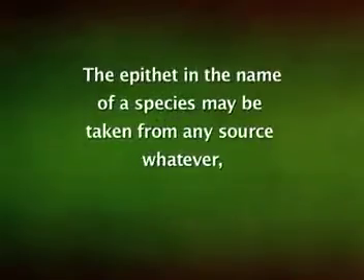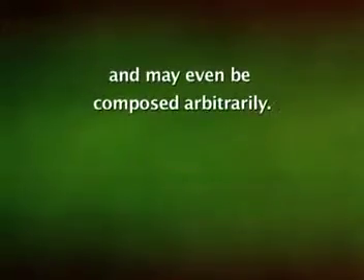If an epithet consists of two or more words, these are to be united or hyphenated. The epithet in the name of a species may be taken from any source whatever and may even be composed arbitrarily.